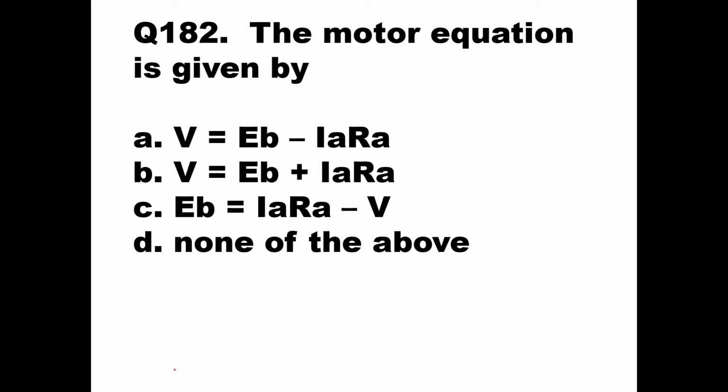So V is equal to EB plus IARA. That is the right equation for the motor, so option B is the right answer. Clear? Then we'll go for the next question.